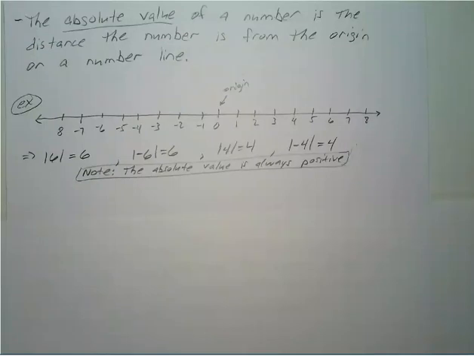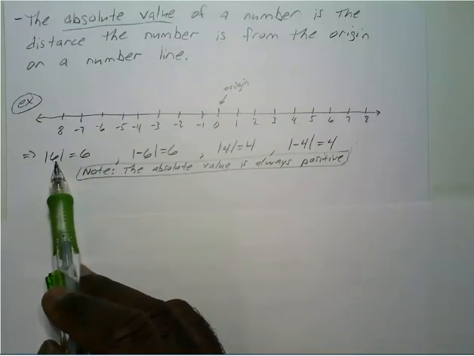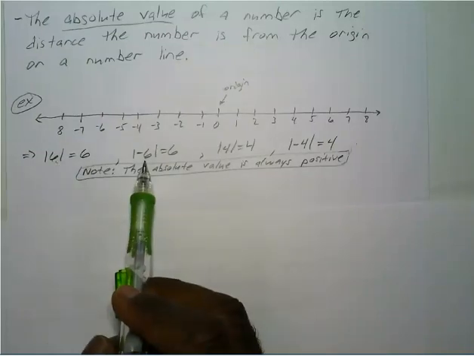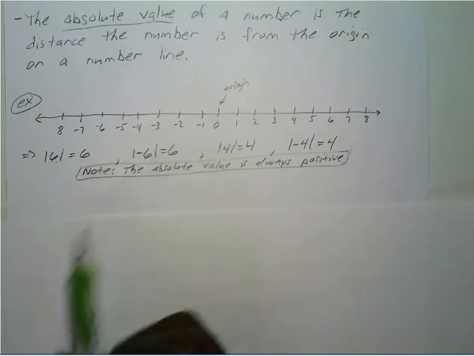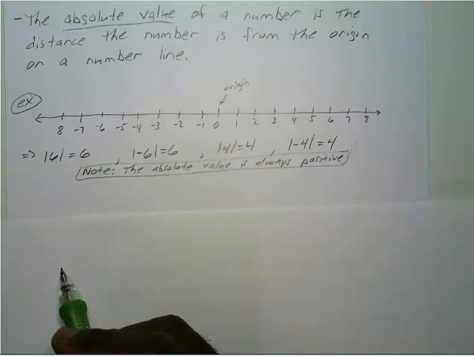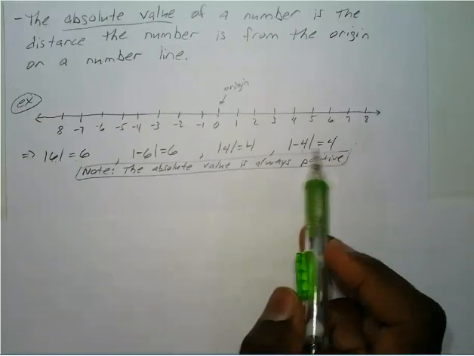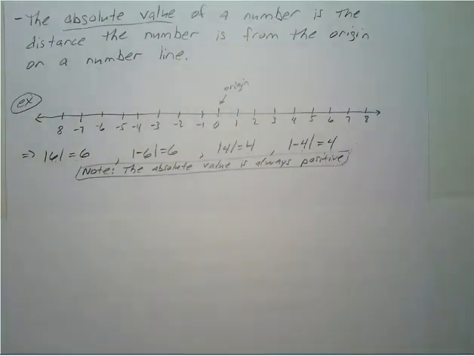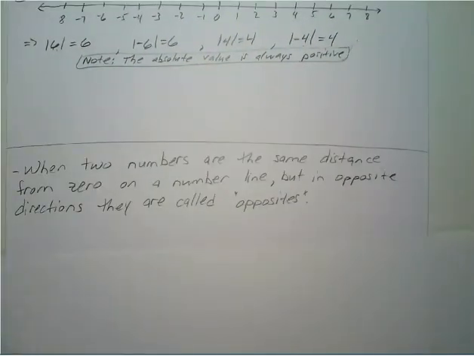Okay. Now, if you notice here also, you have the absolute value of 6 and the absolute value of -6. They're both the same distance from the origin. Same with 4 and -4. They're both a distance of 4 from the origin, which brings us to our next statement.